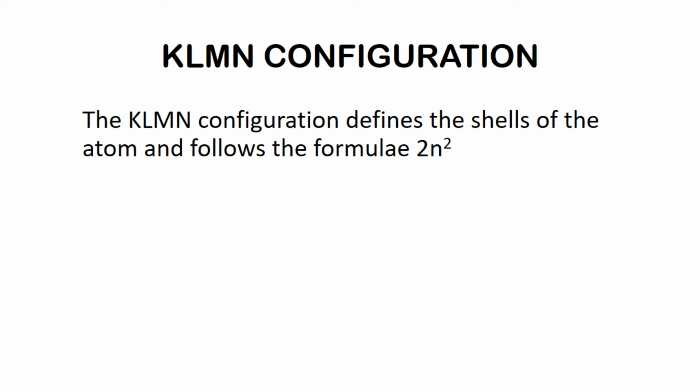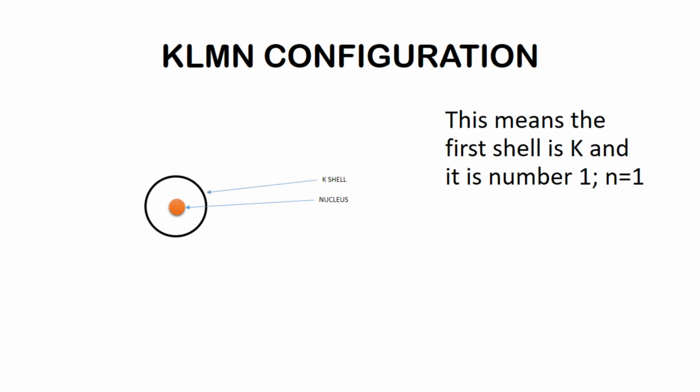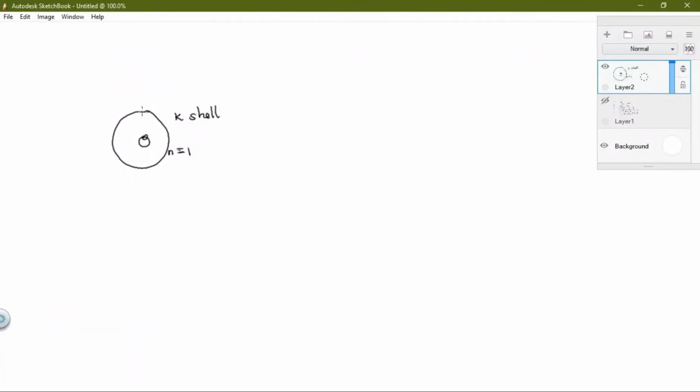The shell configuration defines the shells of the atom and follows the formula 2n squared. This means the first shell is K and it is number 1. So using the formula, it equals 2(1 raised to the power 2), which is 2. It means only 2 electrons can exist in the K shell.